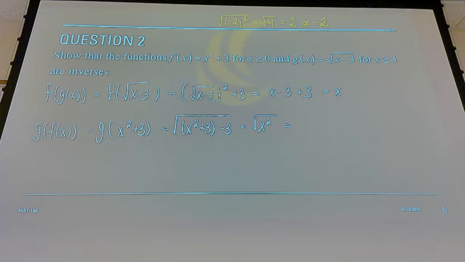Absolute value. The square root of negative 2 squared would be the absolute value of negative 2.